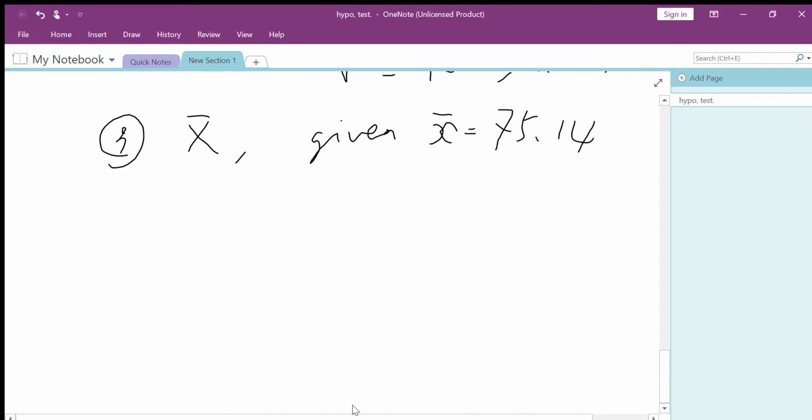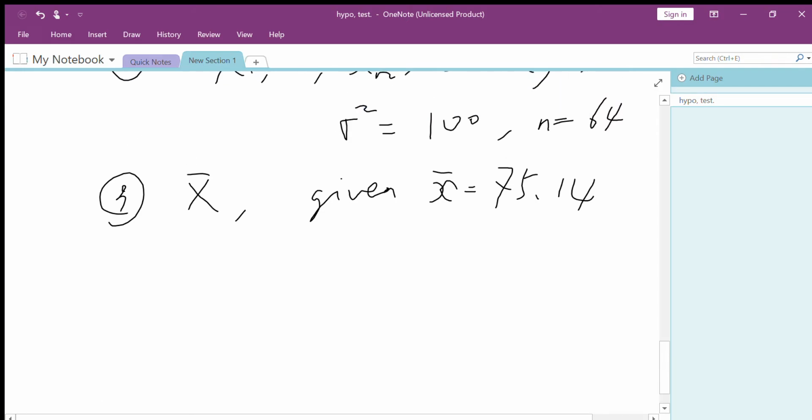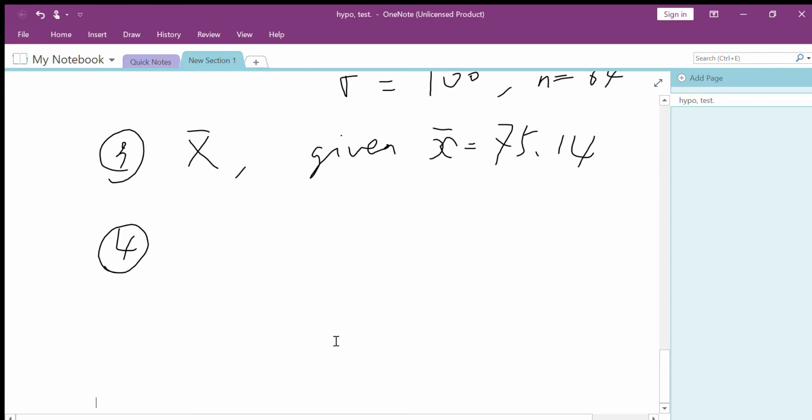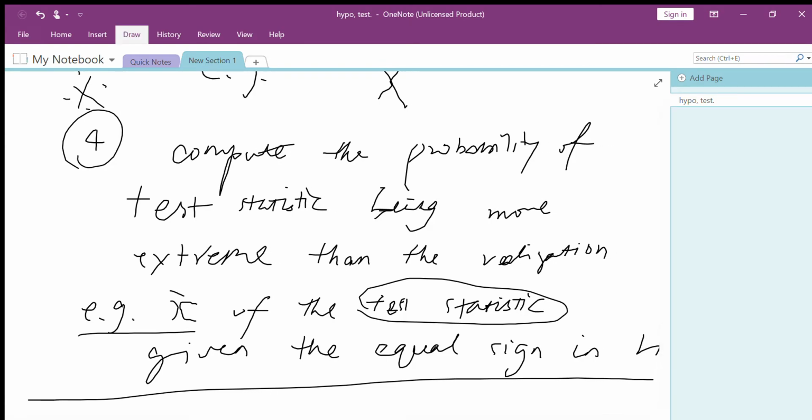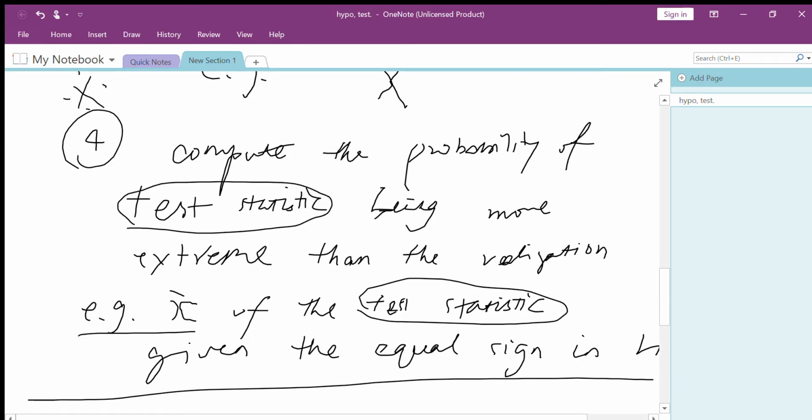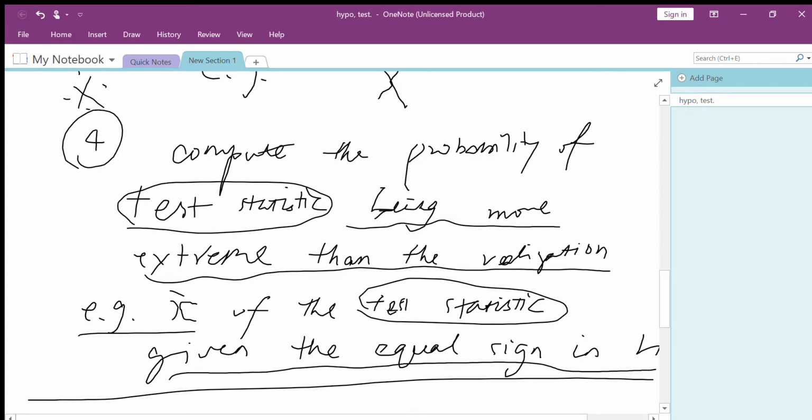The fourth step. So fourth step, compute. Let's recall the fourth step. First, compute the probability of test statistic being more extreme than the realization given the equal sign in H null. This is H null.